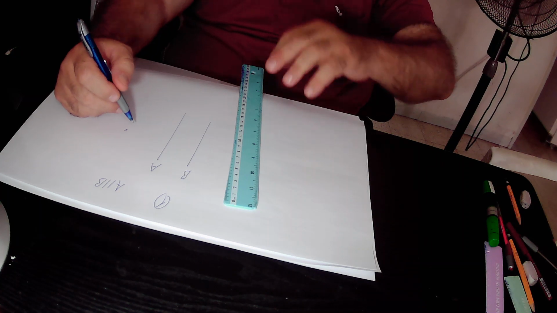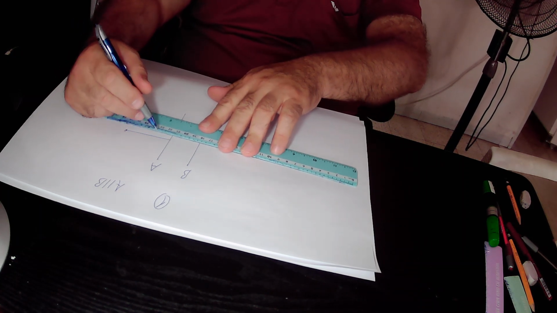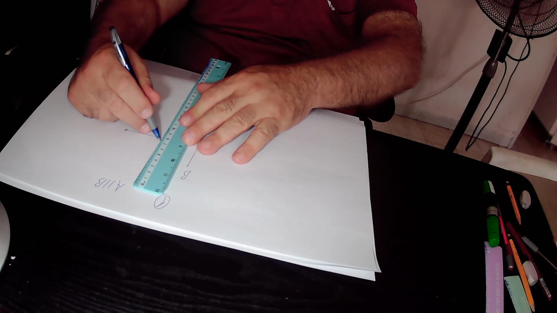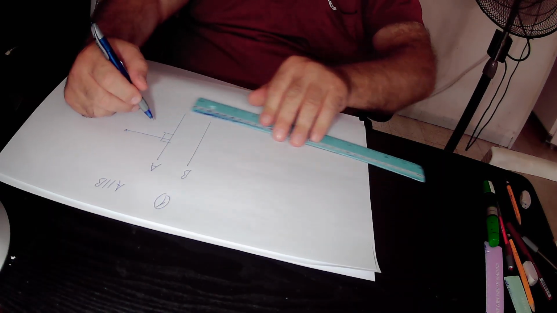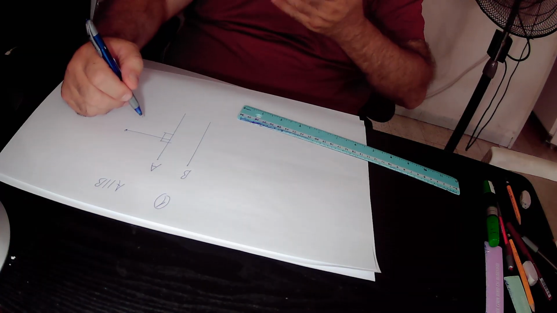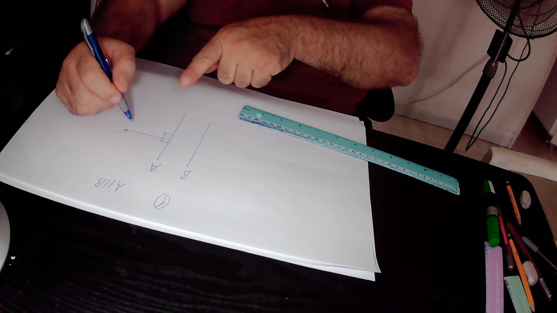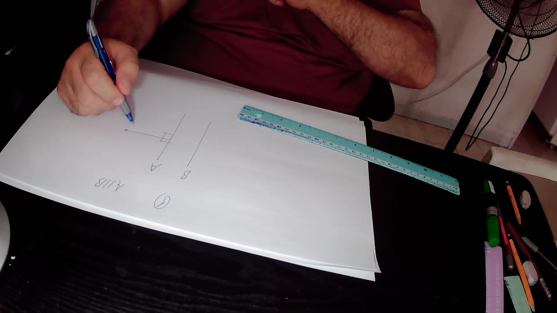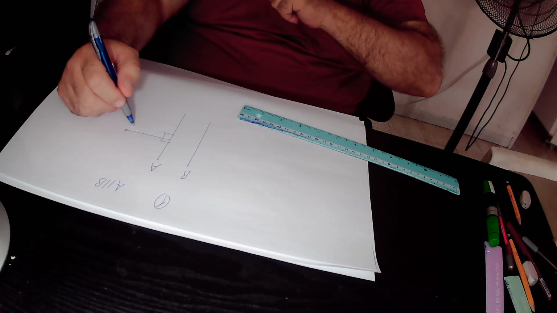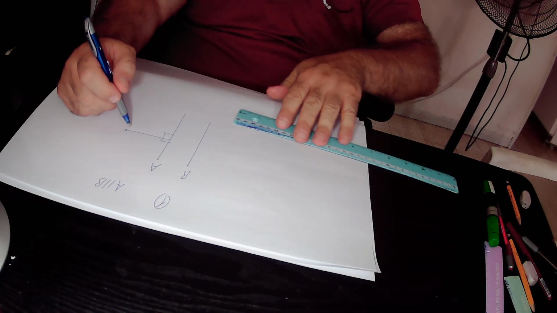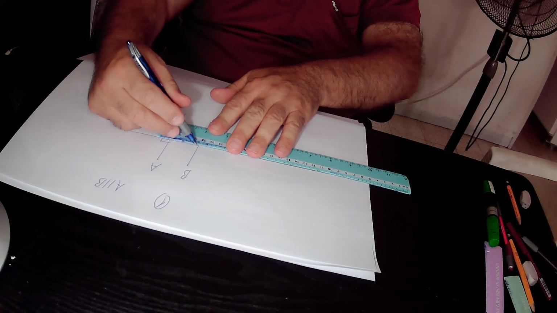Because they are parallel to each other. That is to say, if we extend the perpendicular to line A by a straight line until it touches line B, then it will also be perpendicular to line B.